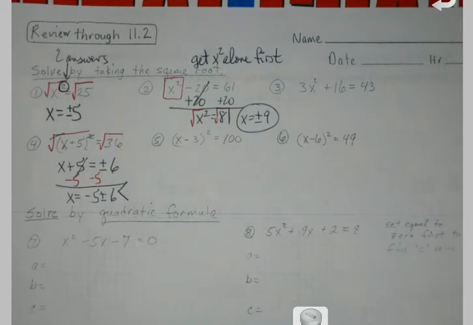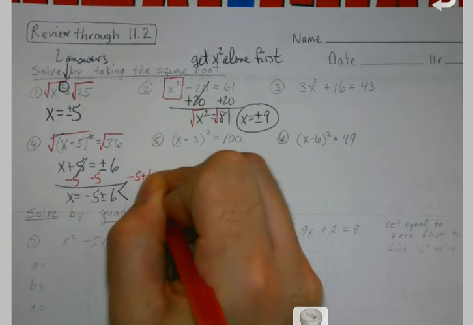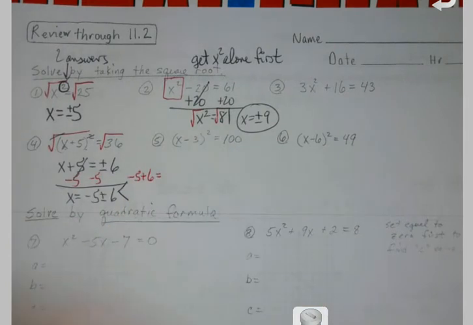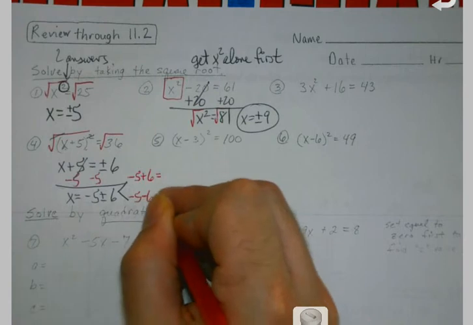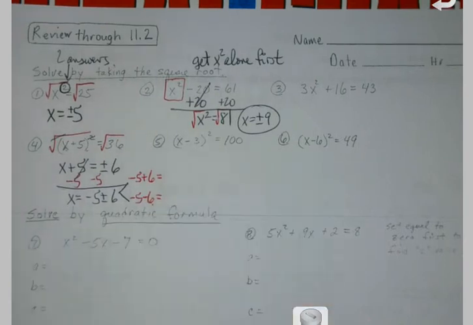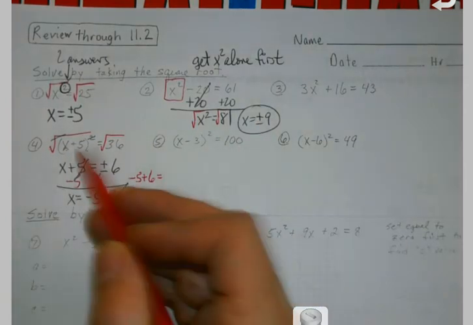I don't want to just leave it this way because I can actually get to the answers. So I do negative 5 plus 6, and I do negative 5 minus 6. And then I actually find those two values, and I have the two answers. So it won't just be that number plus minus every time, if there's parentheses.